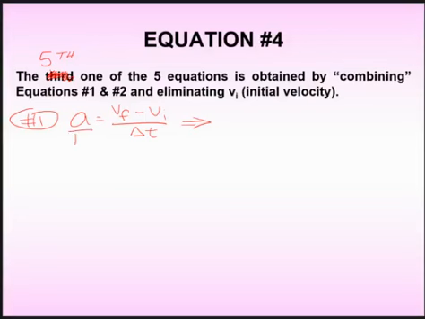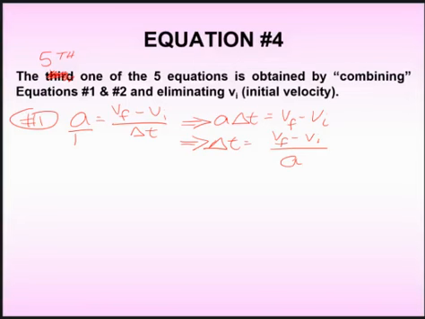What's going to be a delta t? Okay. How do I clean up to get the delta t? Okay. Remove the a. How do you remove the a? Divide both sides by a. So that means what? Delta t equals Vf minus Vi divided by what?